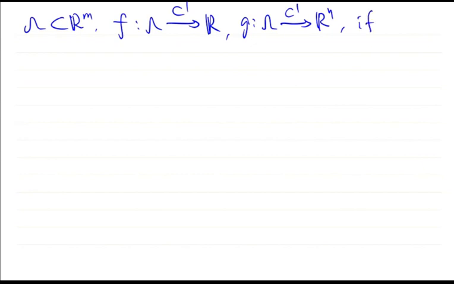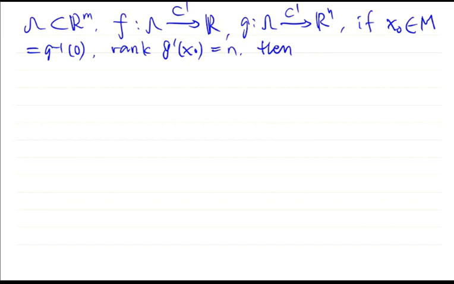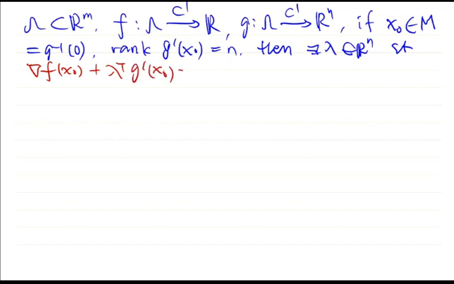If x0 belongs to M, the inverse image of 0 under G, and the rank of the derivative matrix of G at x0 is n, then there is lambda such that the gradient of f(x0) plus the transpose of this is 0. So this is the theorem.